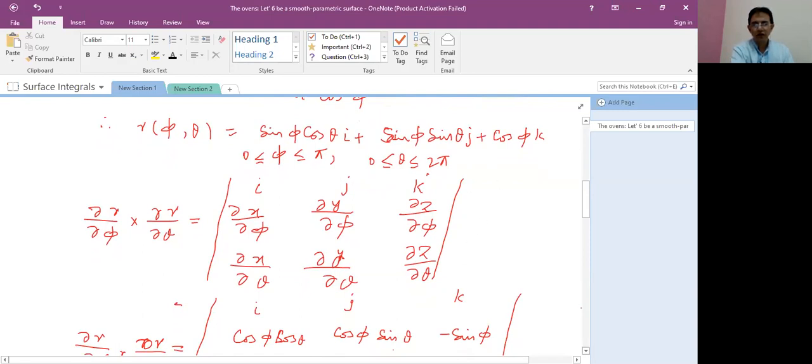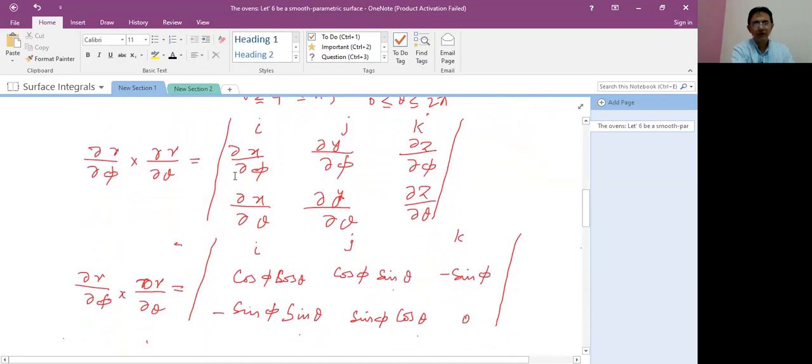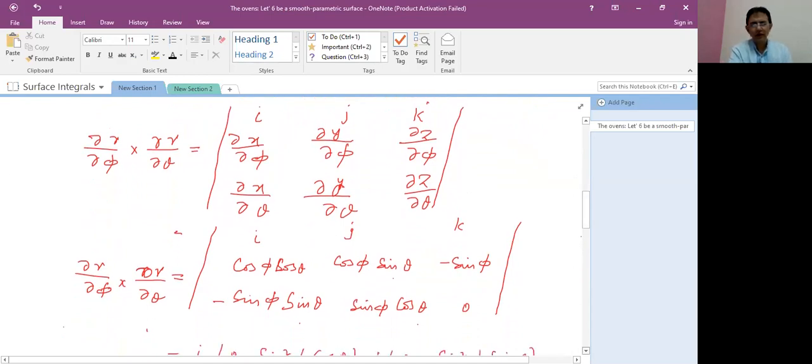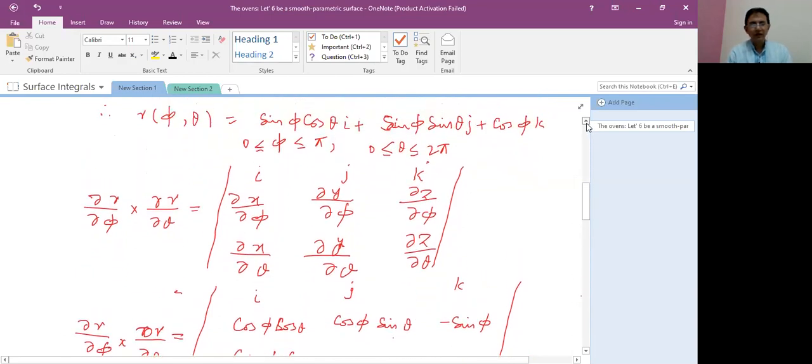In the next step, we find the derivatives. For ∂x/∂phi, the derivative of sin phi is cos phi, and cos theta stays as it is.